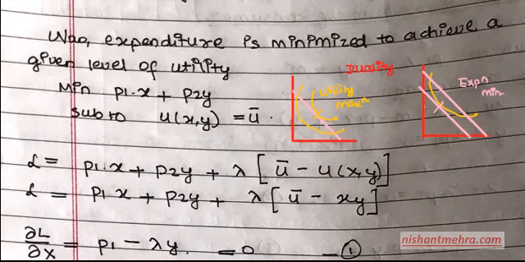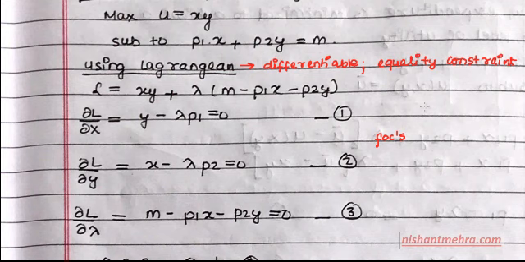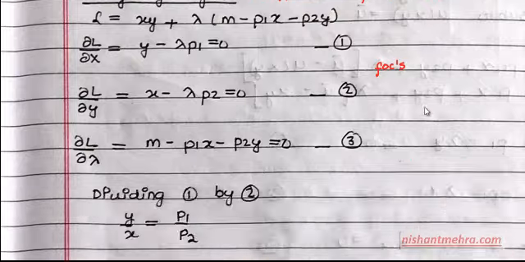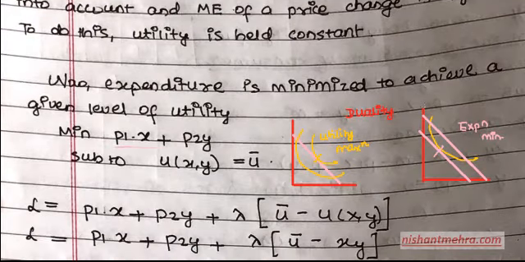Now, here, what is it that we have done? We have maximized the utility subject to the budget. Clear? Here, we will be minimizing expenditure subject to the utility.